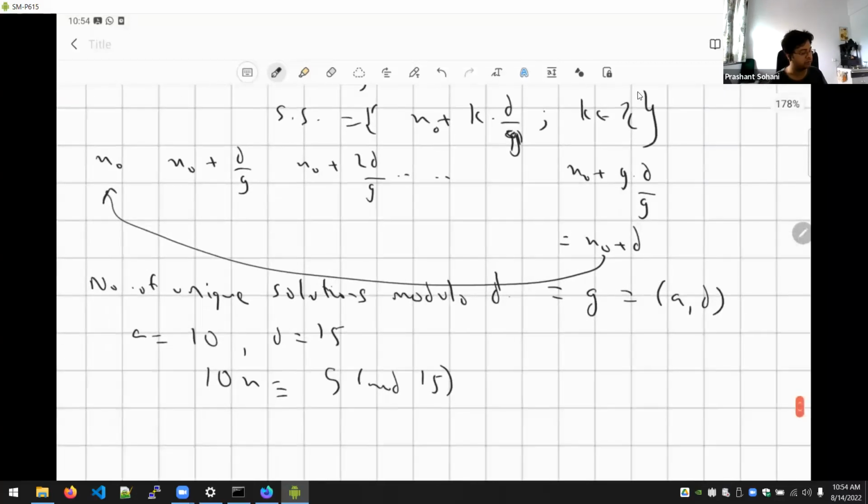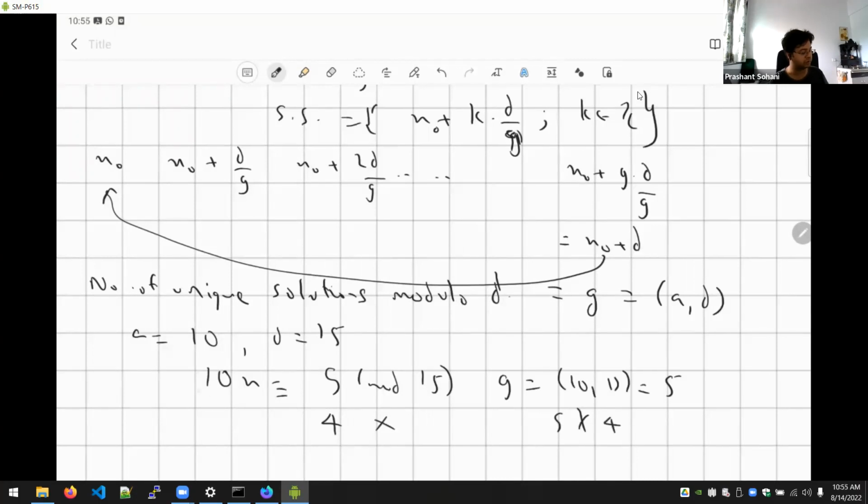I've deliberately taken 5 here. Instead of 5, if I had taken something like 4, then this would not have any answer because of the basic condition. The GCD of 10 comma 15 is 5, so 5 has to divide this constant term. 5 does not divide 4, so then this will have no solution.